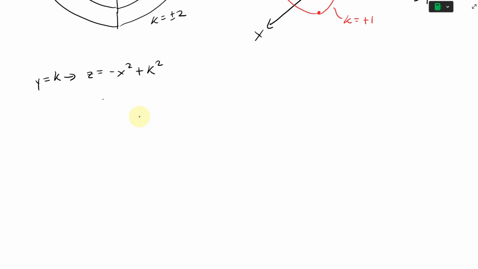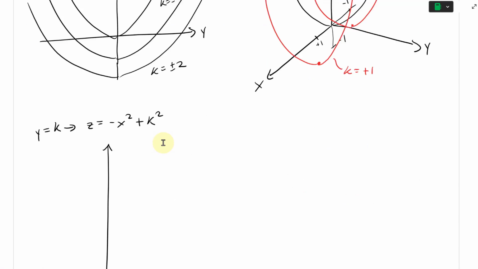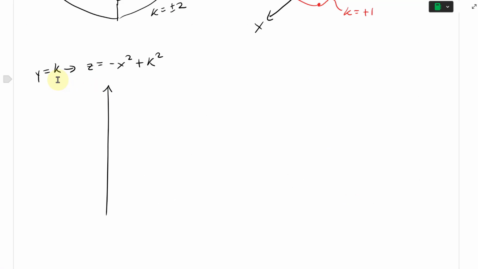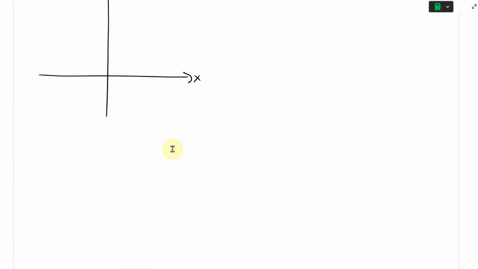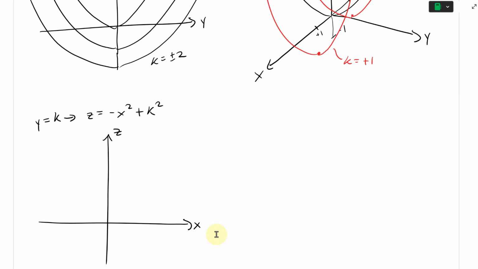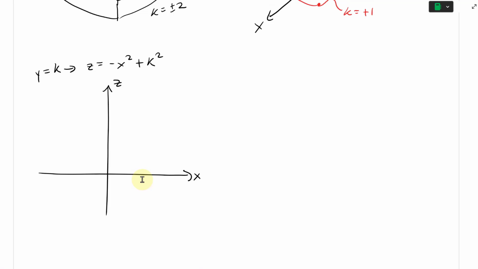Let's draw this one. Now we're going to have z, and the axis is going to be x. Before it was z and y, now it's going to be y, z and x because the other one's gone. When k is 0, that's just -x squared, so it's going to go downwards like that. So this is k equals 0.